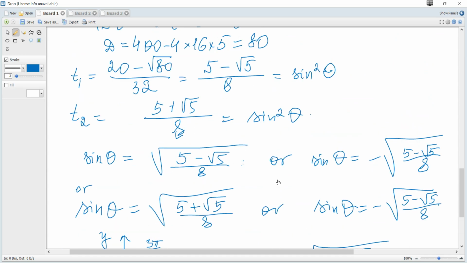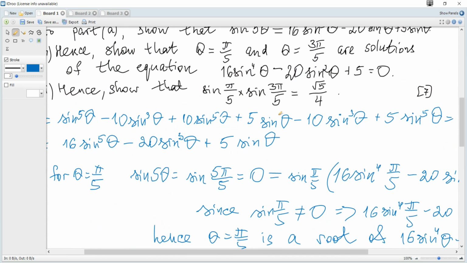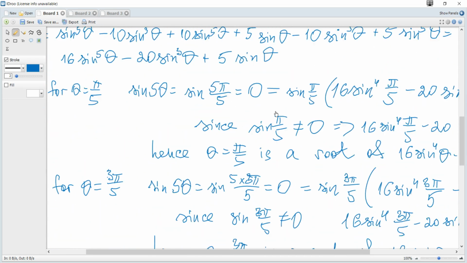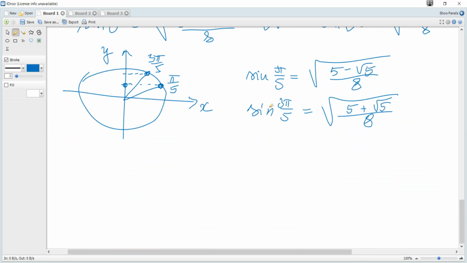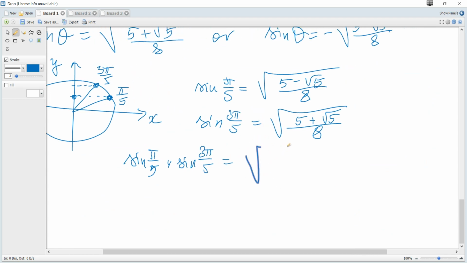And hence the product sine of pi over 5 multiplied by sine of 3 pi over 5 becomes square root of (5 minus root 5) over 8 multiplied by (5 plus root 5) over 8.